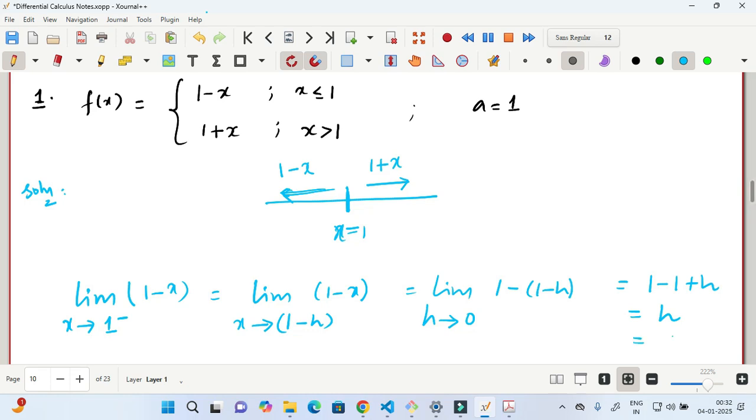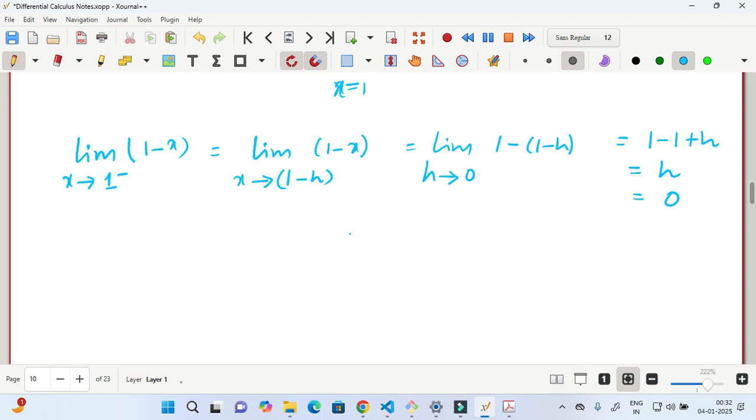As h tends to 0, this is equal to 0. So the left hand limit, limit of x tends to 1 minus, is equal to 0.